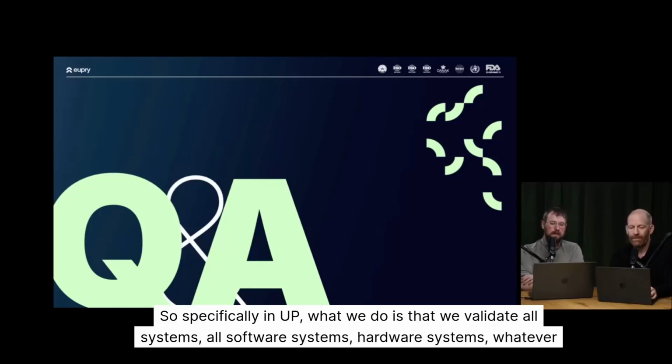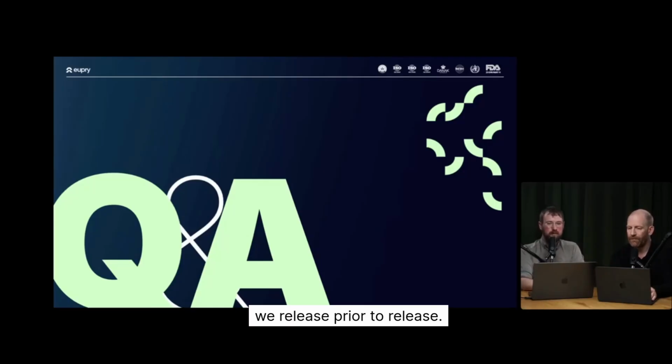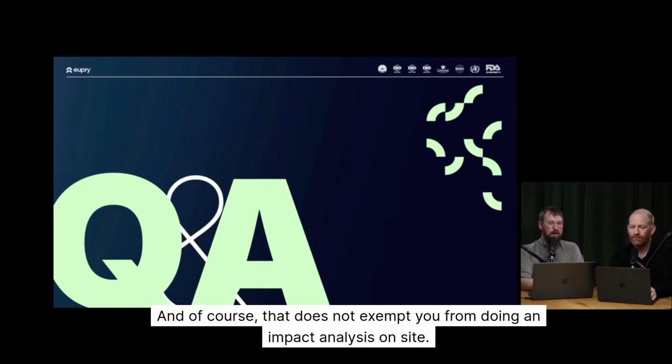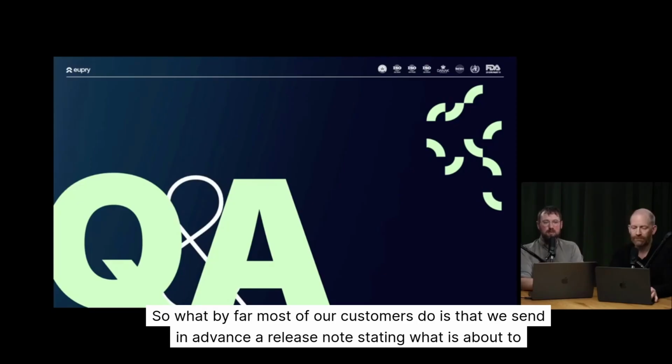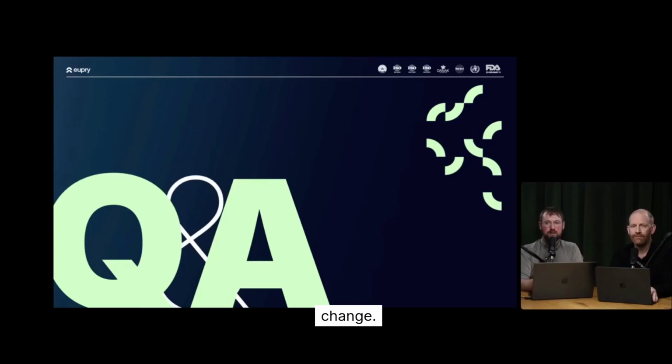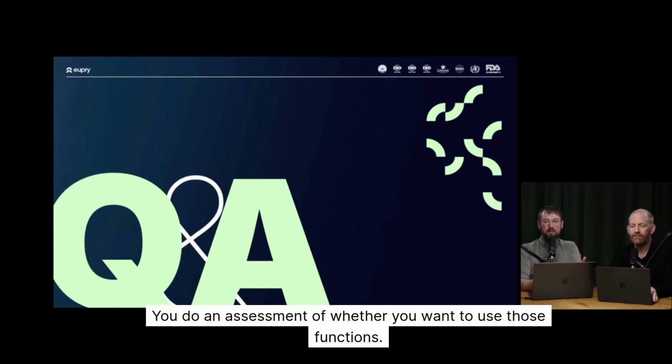So specifically in Eupry, what we do is that we validate all systems, all software systems, hardware systems, whatever we release, prior to release. And of course, that does not exempt you from doing an impact analysis on site. So what by far most of our customers do is that we send in advance a release note stating what is about to change. You do an assessment of whether you want to use those functions.